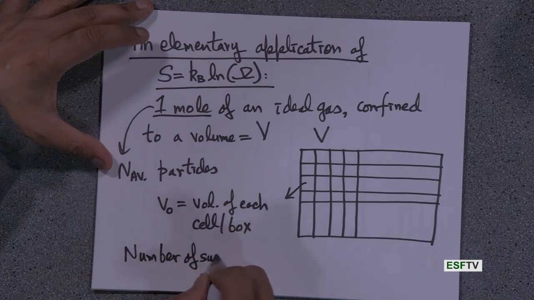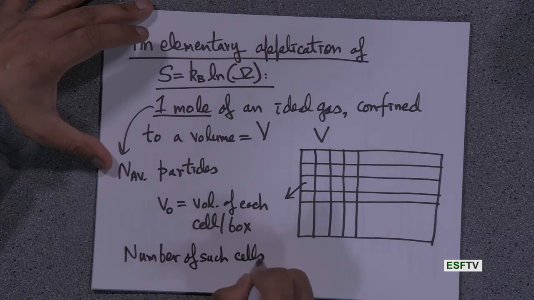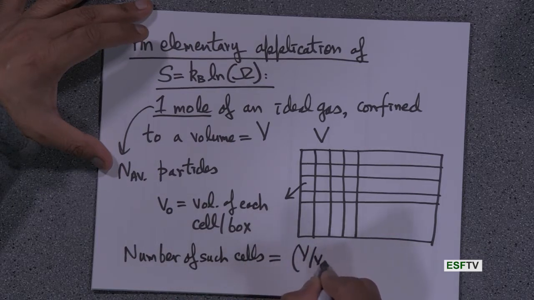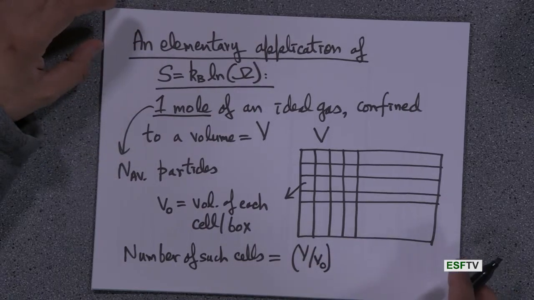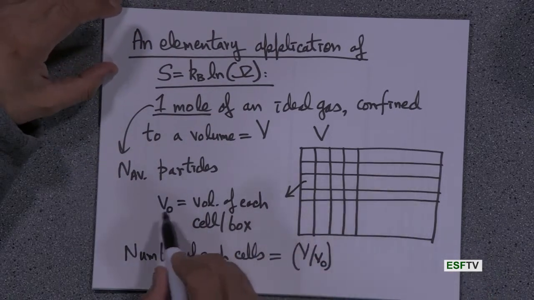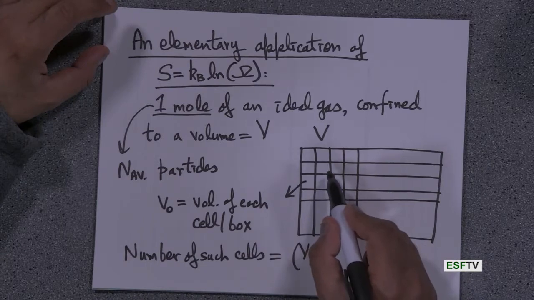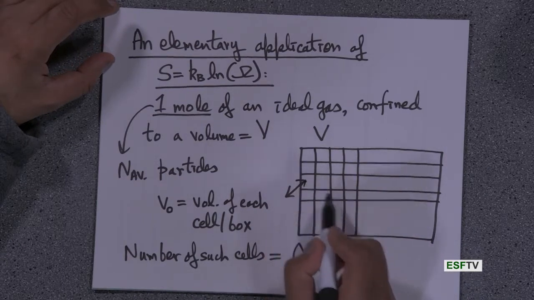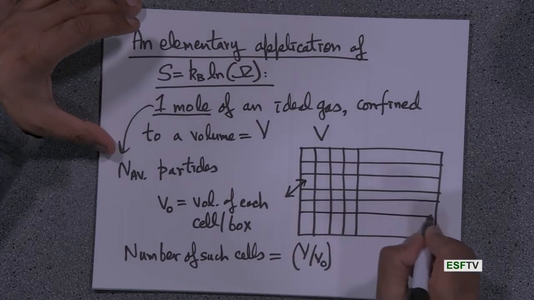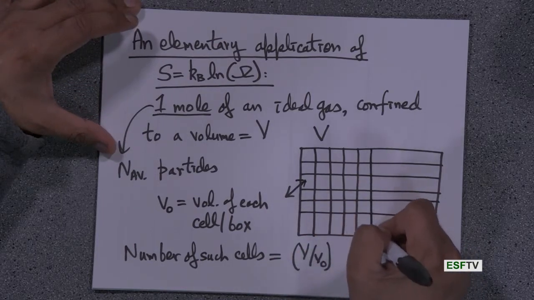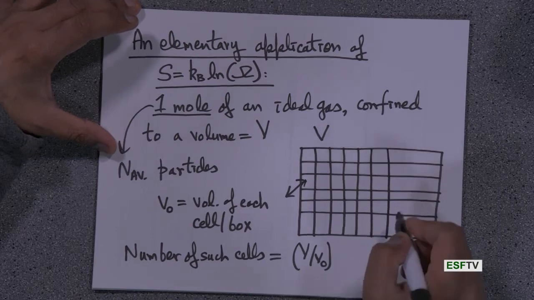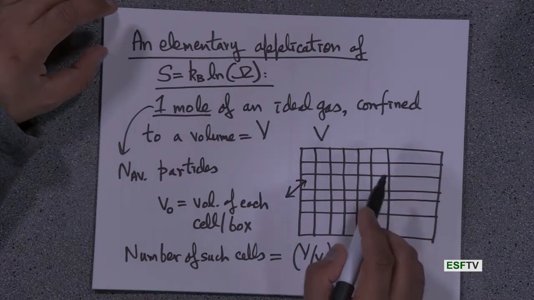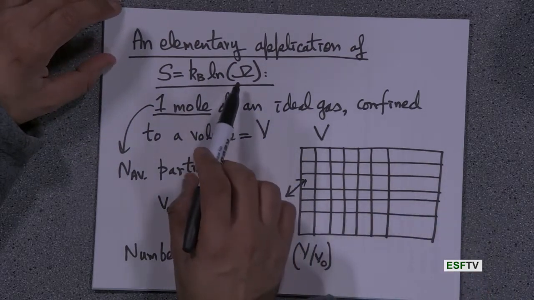The number of such cells equals the total volume divided by the volume of any of the individual cells, right? Each cell has the same volume, V0, and what we will see is we are introducing these little boxes here as a calculational tool, as a device that enables us to calculate this number omega.